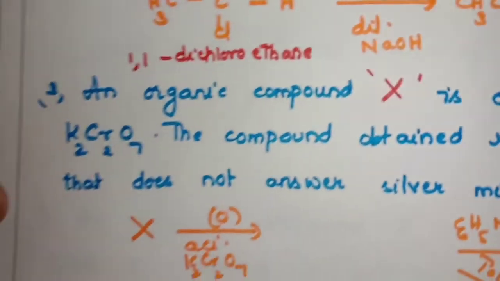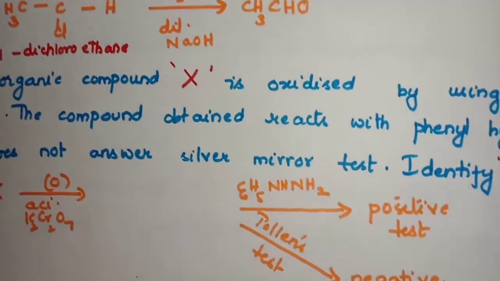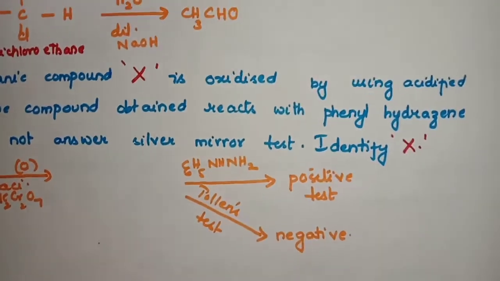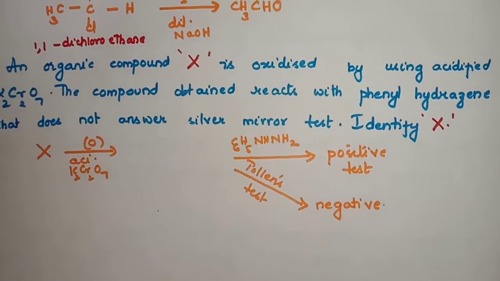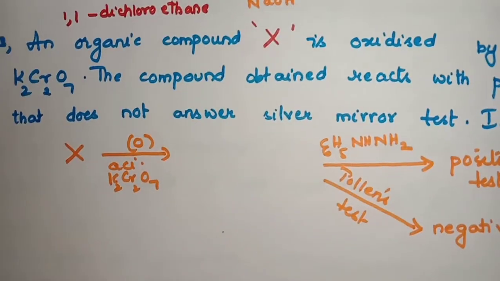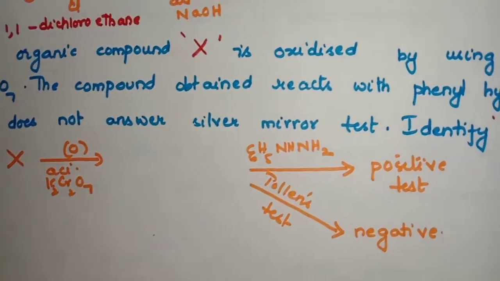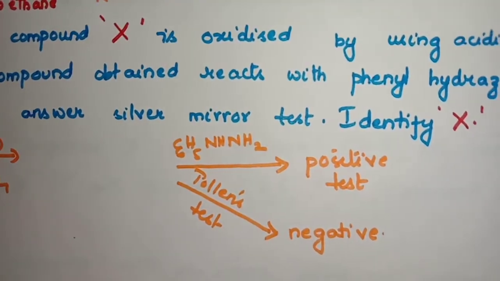Next question. An organic compound X is oxidized using acidified potassium dichromate. The compound obtained reacts with phenylhydrazine but does not answer the silver mirror test.